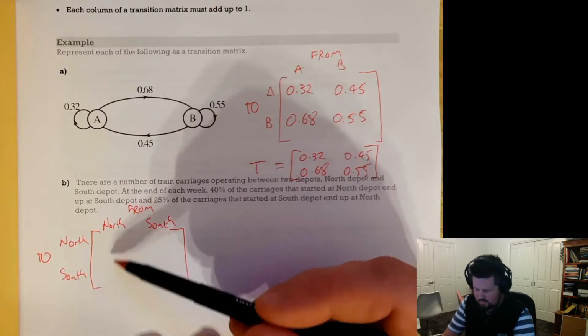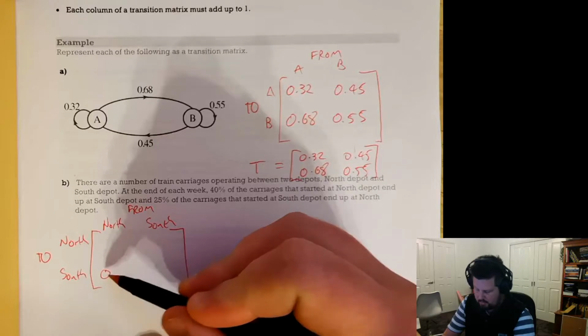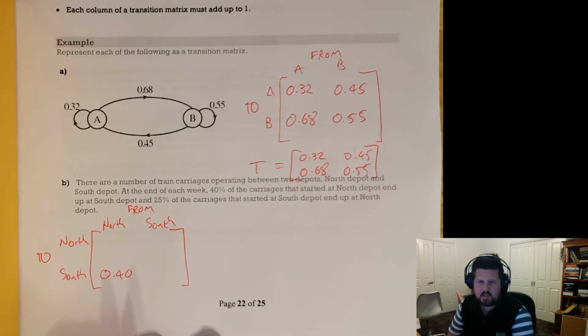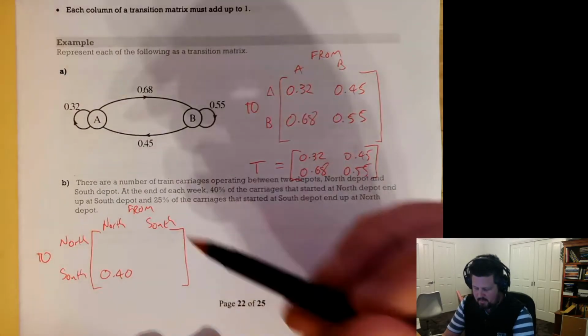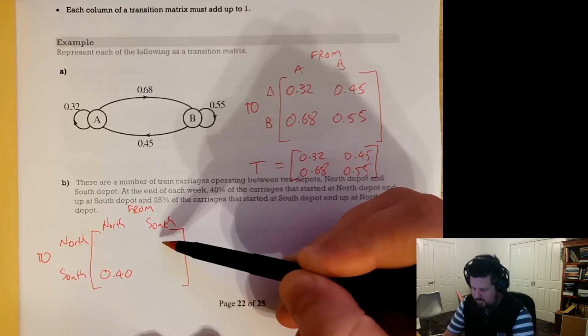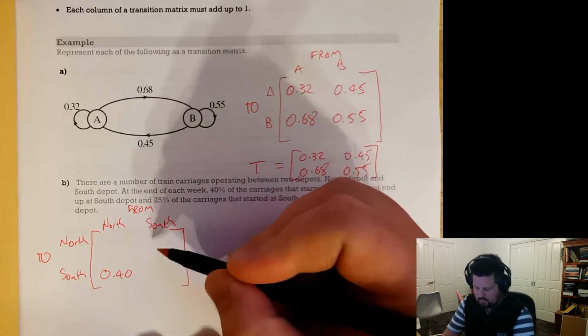So at this particular spot, it was 40% or 0.4. The next statement spoke about the fact that 25% of the carriages that started at South Depot, so they're coming from South Depot, ended up at North Depot. So that there is 0.25.